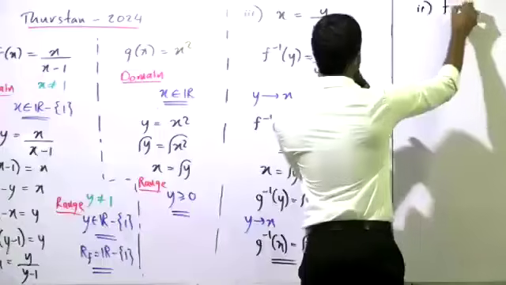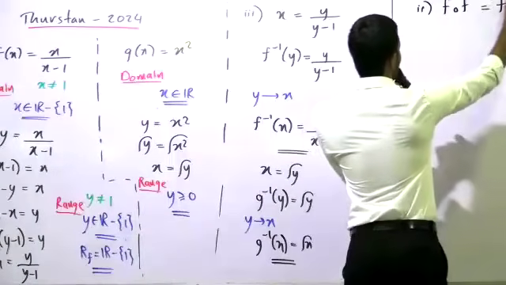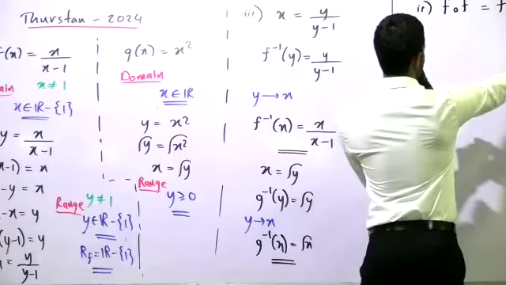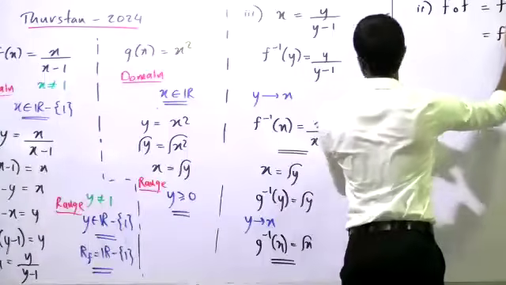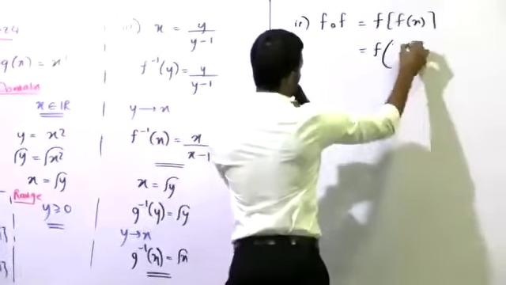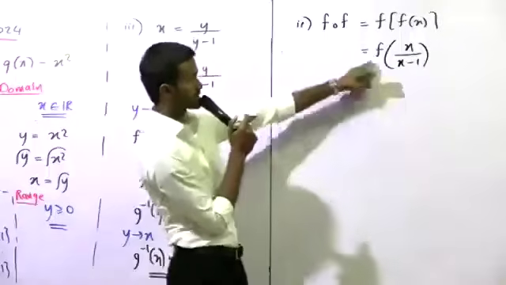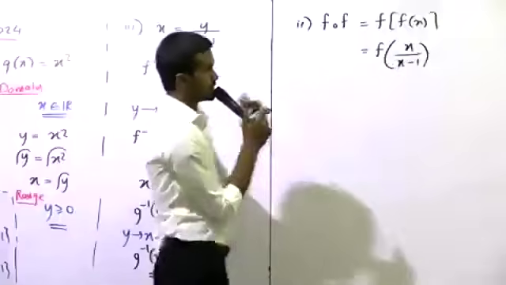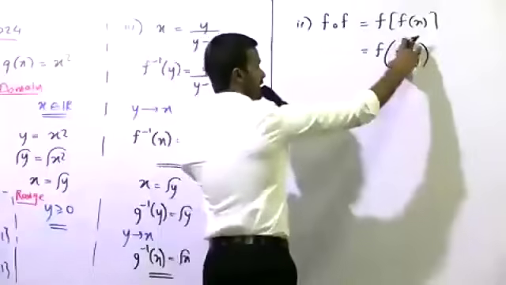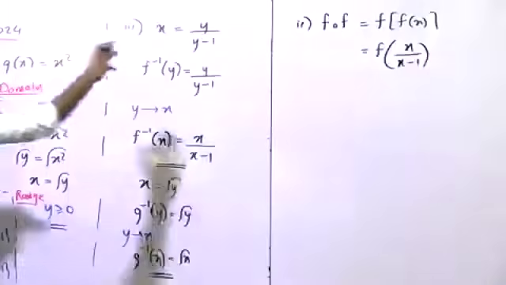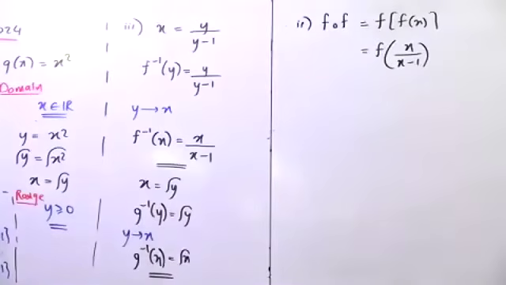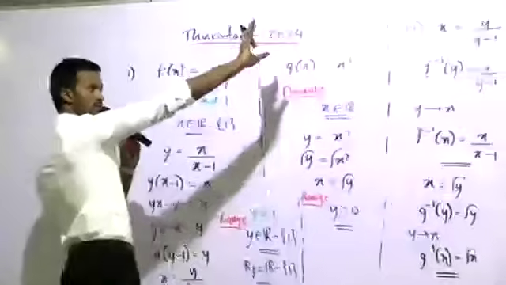Composite function f o f is equal to f(f(x)). So inside f, what we have, look at this, x over x minus 1. So now we have inside f(x) is this one. So this entire big one, x over x minus 1, should be replaced even here and even here. Clear? So now you know about these replacements.